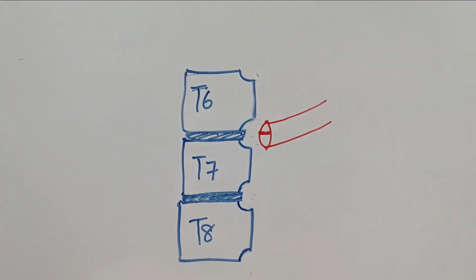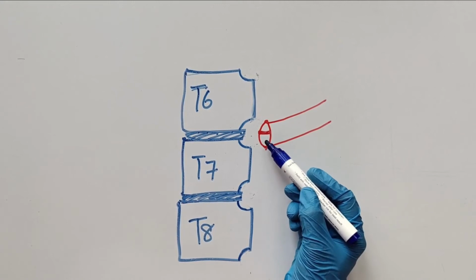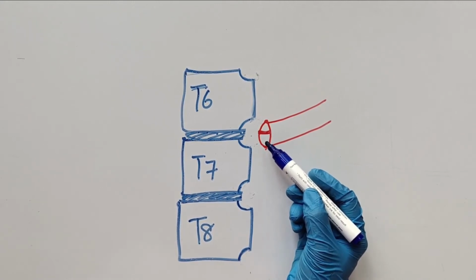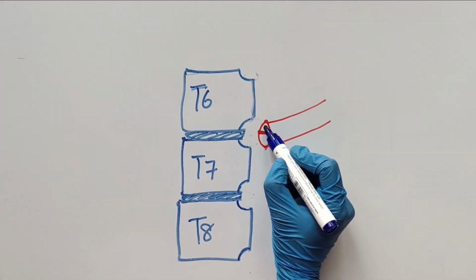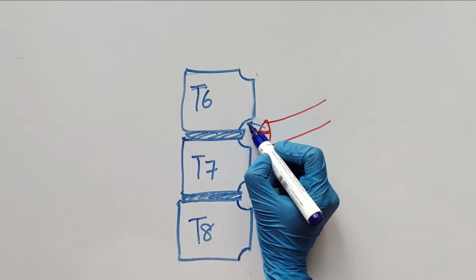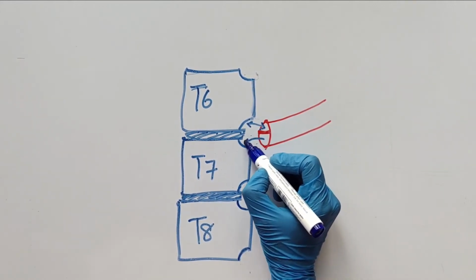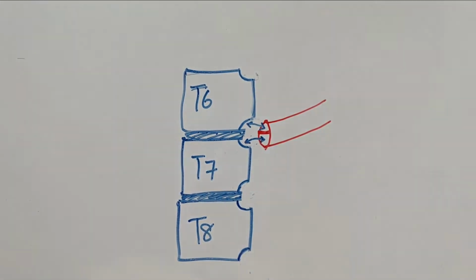Now the upper smaller facet articulates with the inferior costal facet, while the lower larger facet articulates with the superior costal facet. Okay, so here is the upper smaller facet. It articulates with the inferior costal facet, while the lower larger facet articulates with the superior costal facet.